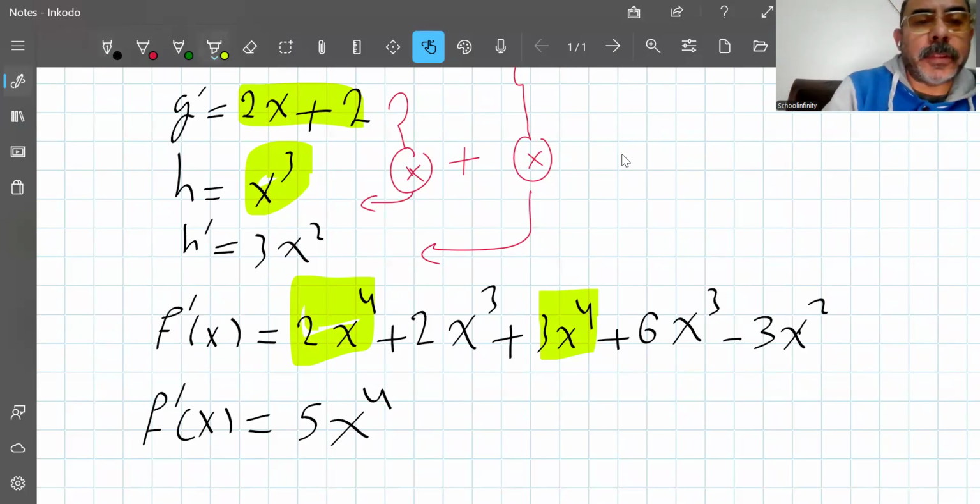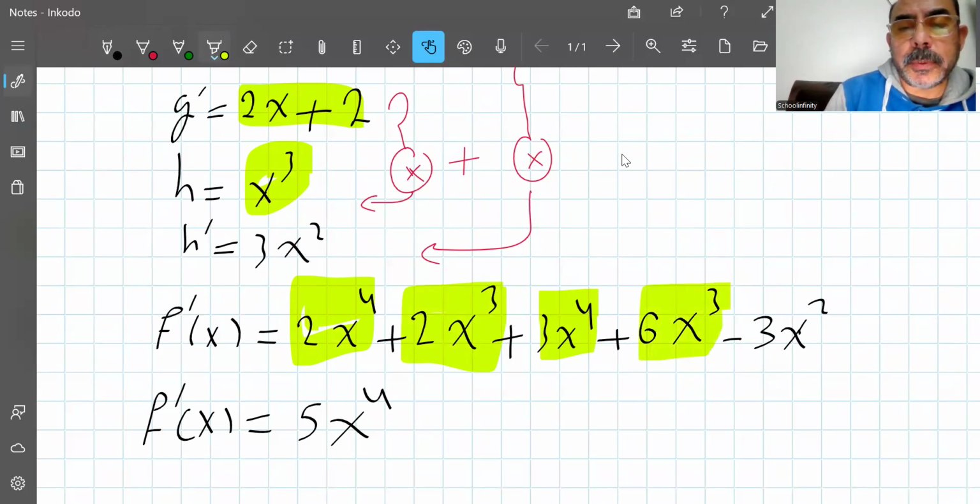Same, we have another two like terms that are 2x cubed plus 6x cubed. So we get 8x cubed. And then minus 3x squared, which has no like term.